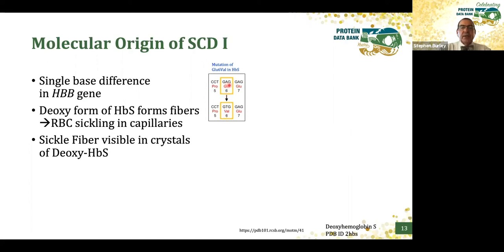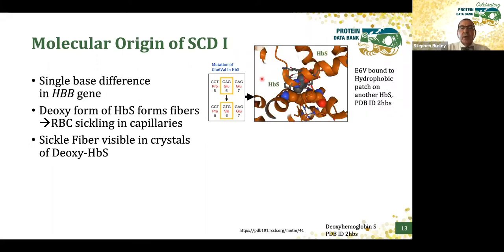GAG encodes glutamic acid, GTG encodes valine. So the consequence at the level of the protein is to introduce a valine at position number 6 in the polypeptide chain of the beta subunit.